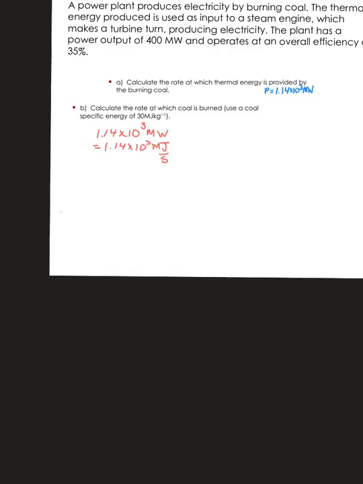If I divide that by the specific energy, 30 megajoules per kilogram, I'm going to get 38, and look what happens to those units. Megajoules per second divided by megajoules per kilogram. Remember, invert and multiply gives me units of kilogram per second as required.